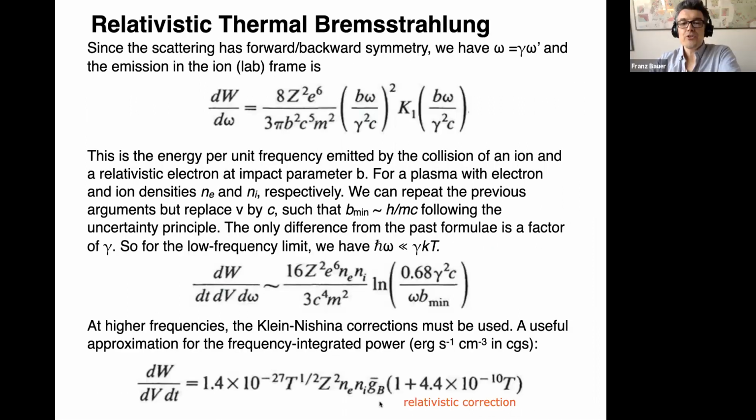You end up seeing this Gaunt factor is very common, because this thing ends up being very common. This b min over b max cylindrical interaction mathematics, how you integrate things. The Gaunt factor tends to be pretty ubiquitous.